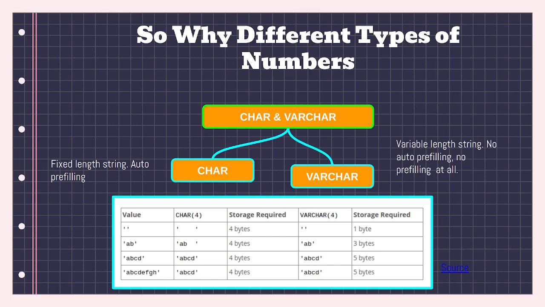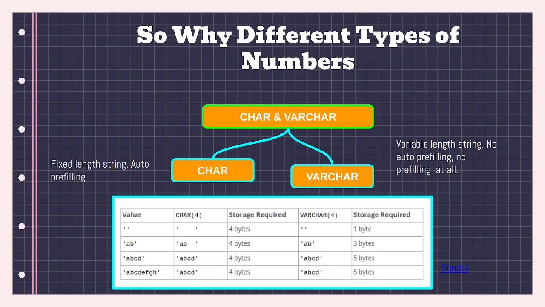So varchar stands for variable character, or variable length strings. In this case, there's no pre-filling. For example, if you're trying to store the name Anna, A-double-N-A, and you create a varchar of 4 characters, then all 4 spaces are going to be filled.